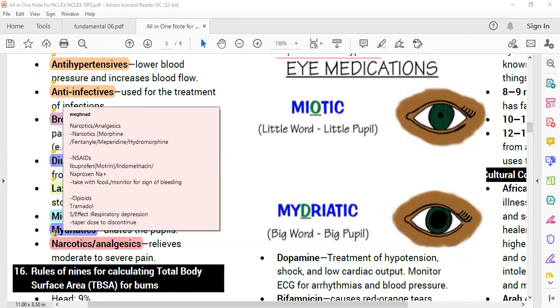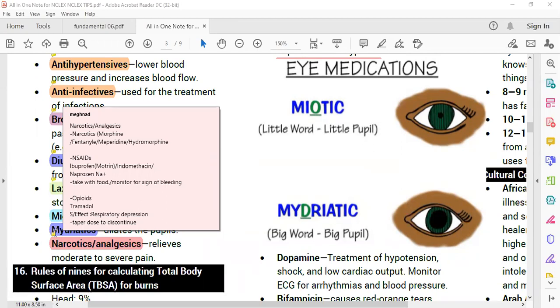NSAIDs sometimes can cause hypertension, diarrhea, dizziness, epigastric pain, or heartburn. Gastric or duodenal ulcers increase with bleeding.